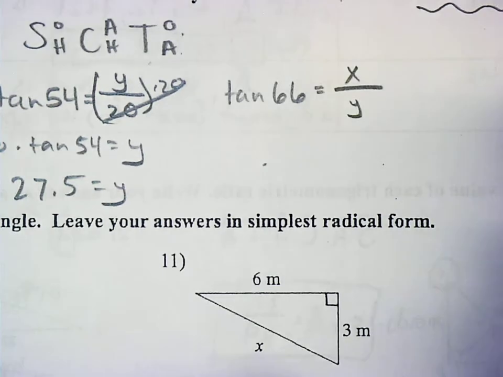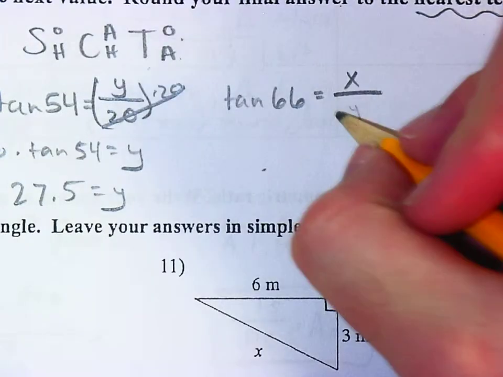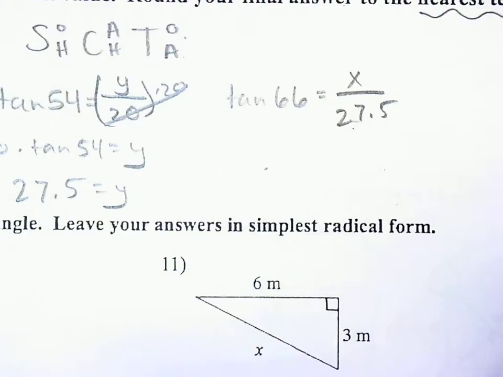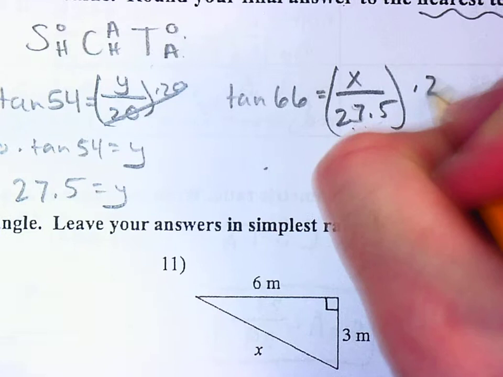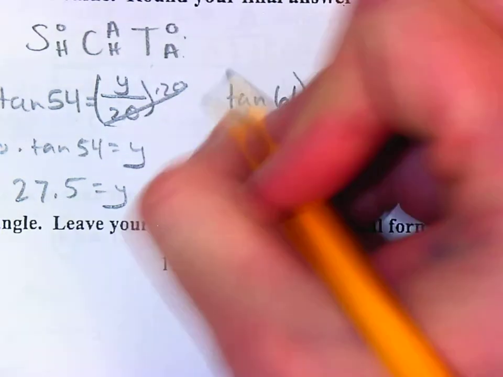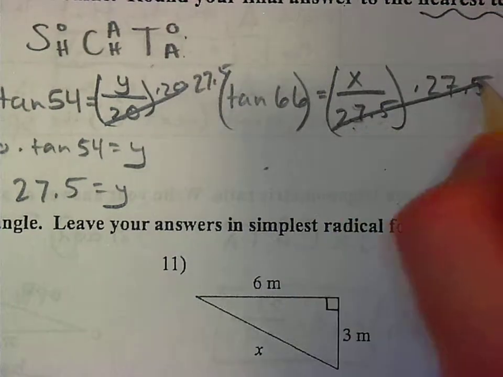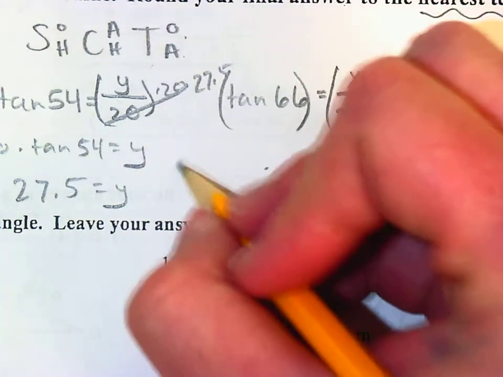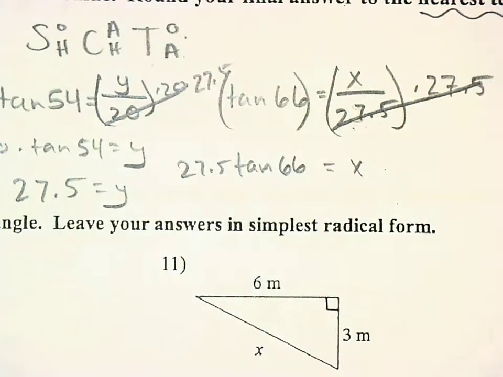And we know that y is 27.5, so we can just take that y out and plug it in, 27.5. And now we do just the same as before. We times by the denominator. These cancel and leave x alone. So we can just plug this right into our calculator.